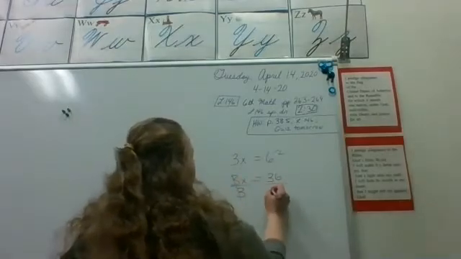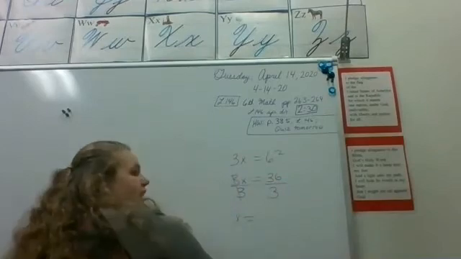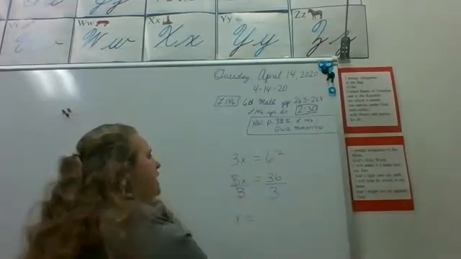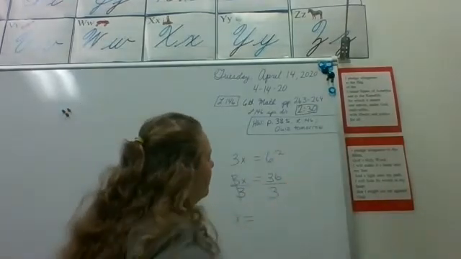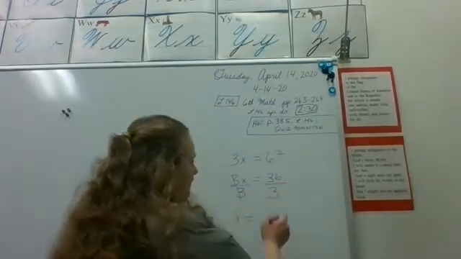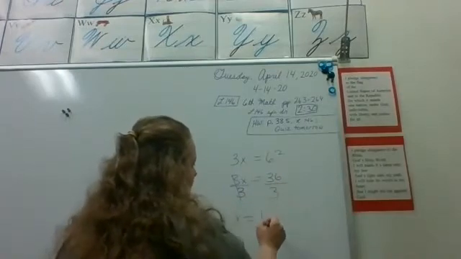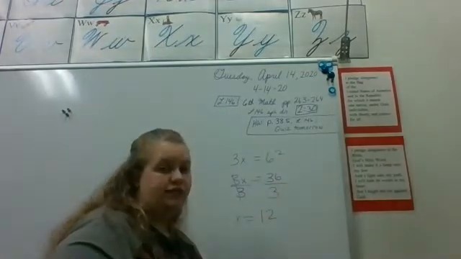Means it cancels it out. We've got to divide by 3 over here too, right? Because what we do to one side, we have to do to the other side, okay? 36 divided by 3. If you need to write it out, if you can do this in your head, 3 divided by 3 is 1, 6 divided by 3 is 2, and it's 12, okay?